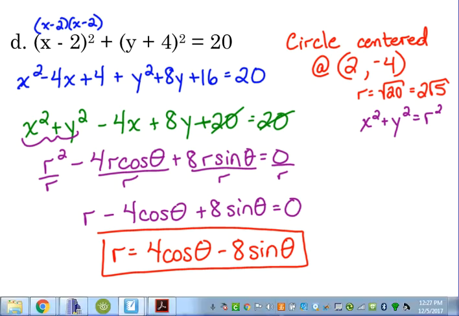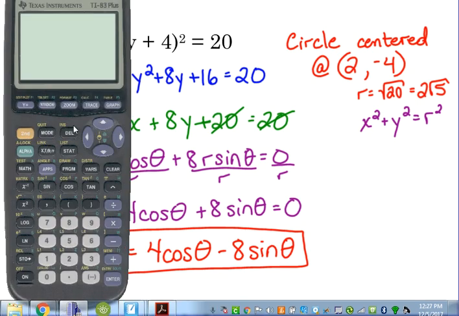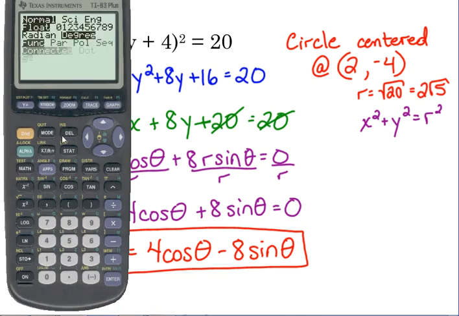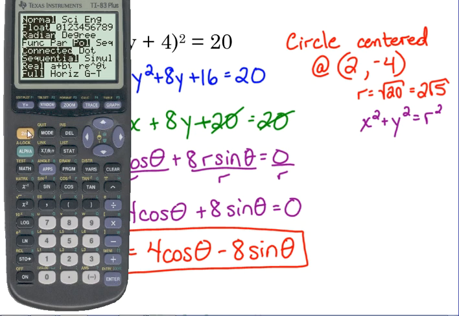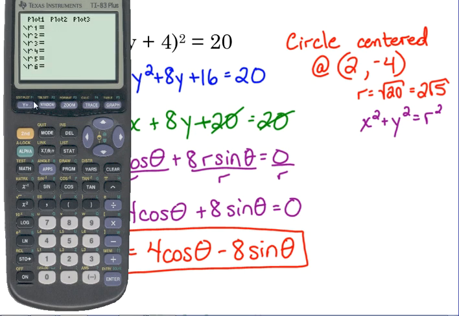Just for a visual, let me put my calculator in polar mode, and it's got to be polar and radian. When I go to y equals, my y's have changed to r's. So I've got r equals, and I can just type in my equation, 4 cosine of theta, and guess what, when I press the x button, it's a theta now.